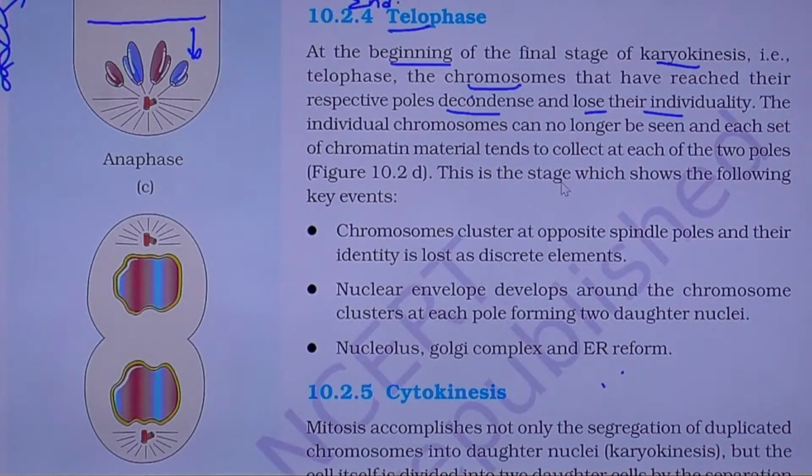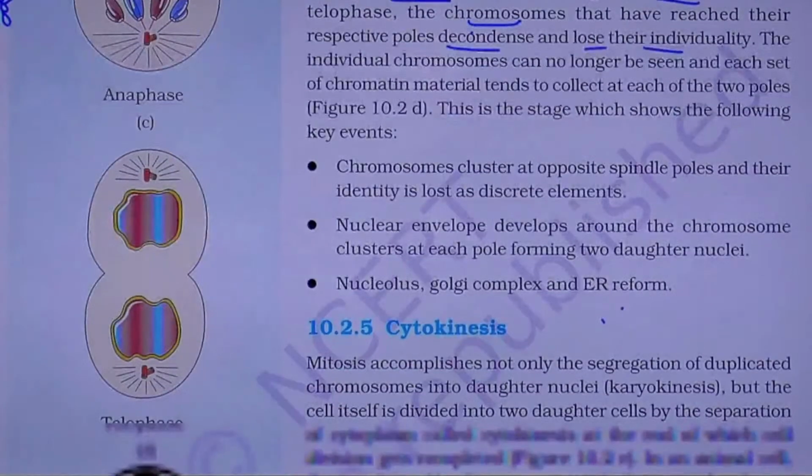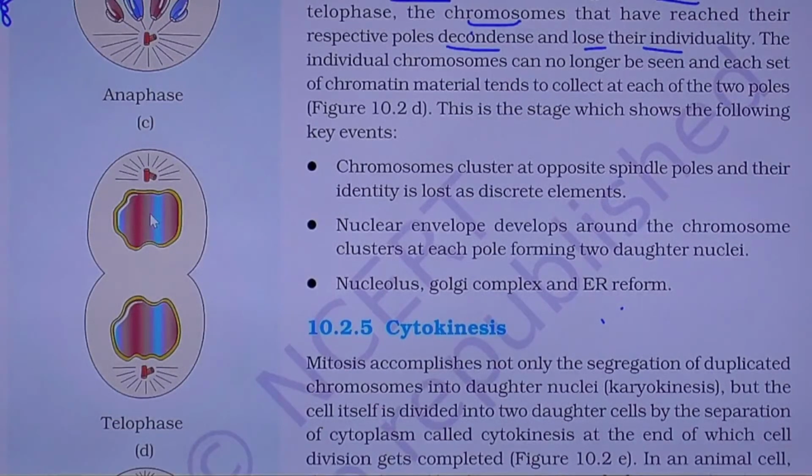This is the stage which shows the following key events. Here, these separate chromosomes will be decondensed. So, it is the final stage of karyokinesis. In this stage, chromosomes will be decondensed and lose their individuality.